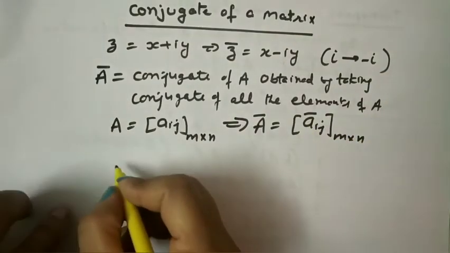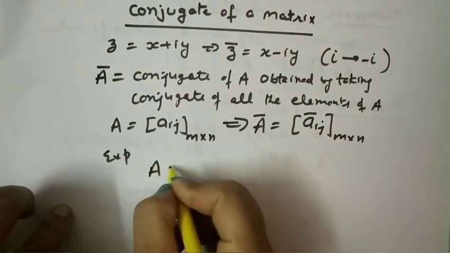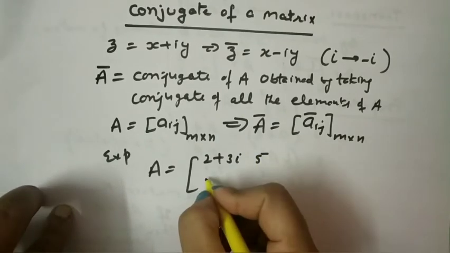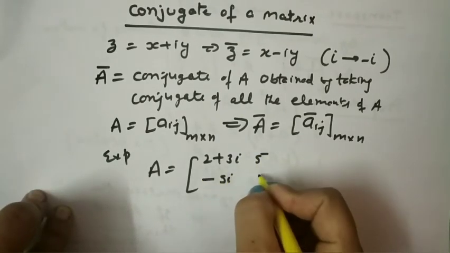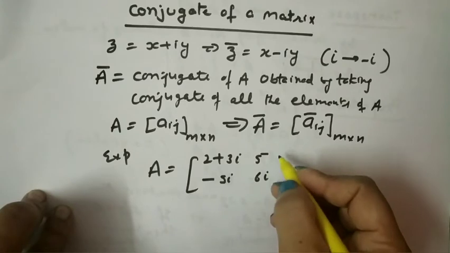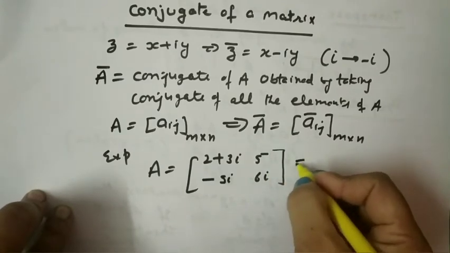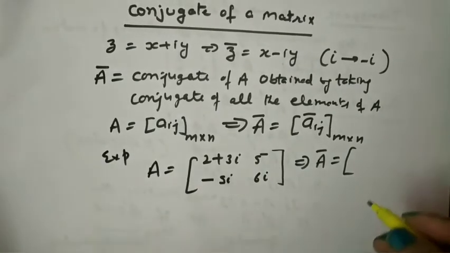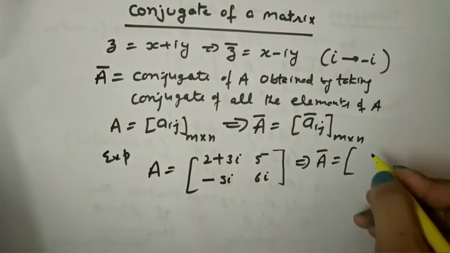You can check one example here. If we have the A matrix like this, and we have to write its conjugate, then what we have to do is change the sign of iota wherever it is present.